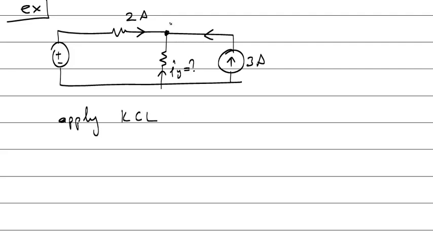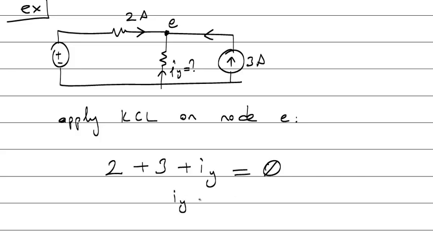Let me say this is node E, node E. Entering currents, this guy is 2, plus this current is coming from current source 3, and IY. What are exiting currents? None.